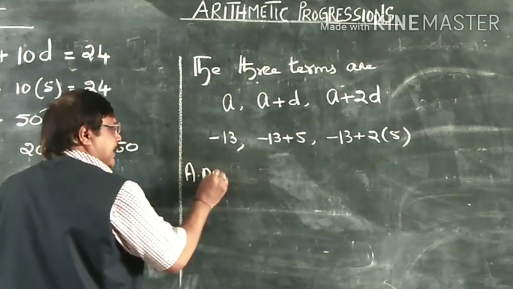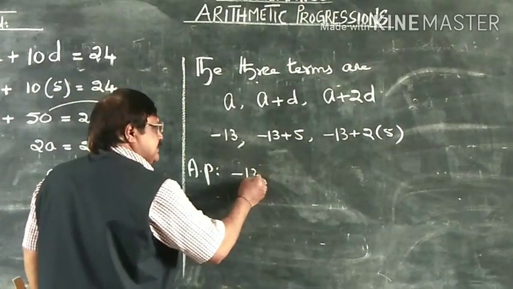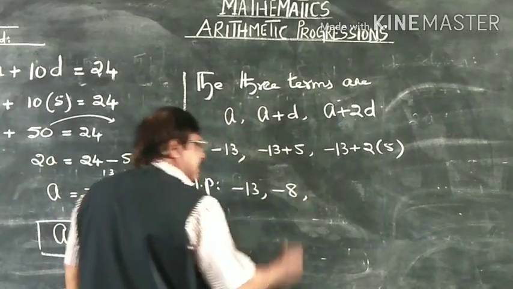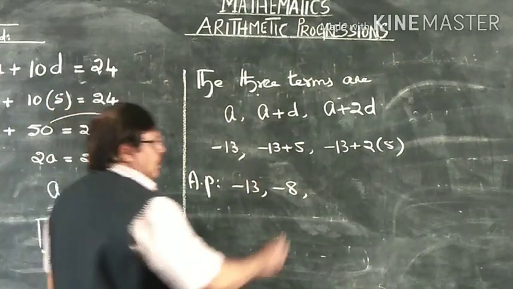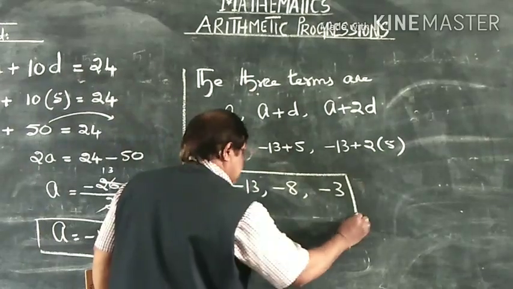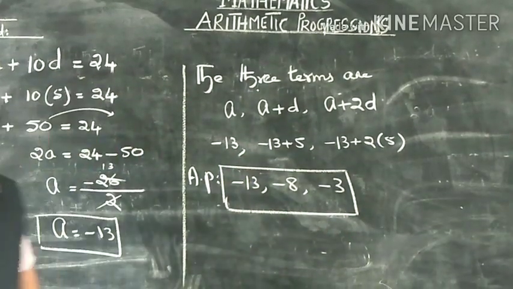Therefore, the obtained AP is minus 13, minus 8, minus 3. These are the three terms.